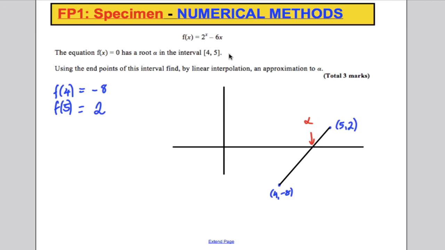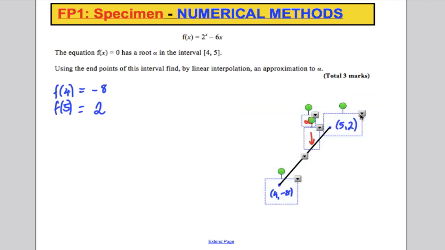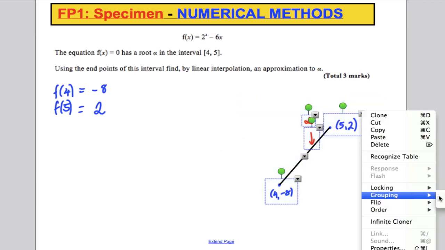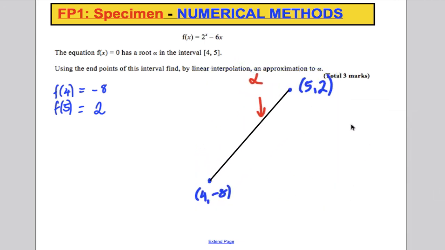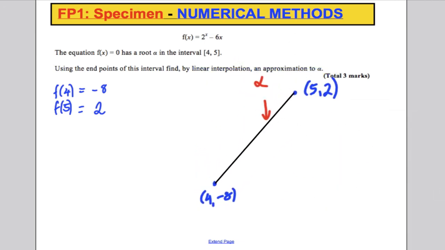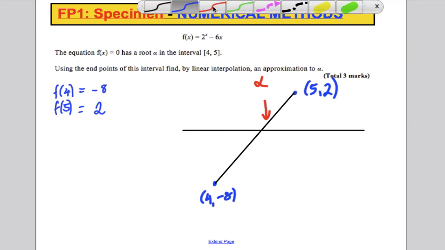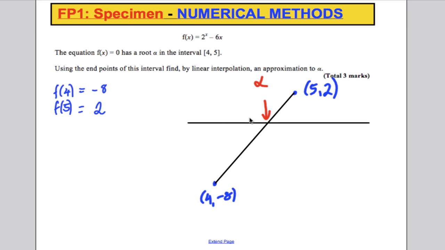Okay, so I'm going to take away this here, because it's just complicating the situation. In future, you can just draw this straight like that once you've got a change in sign. We do know we're looking for our root, alpha, this point here. So we're going to use similar triangles.